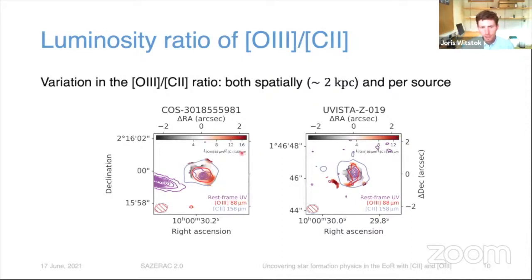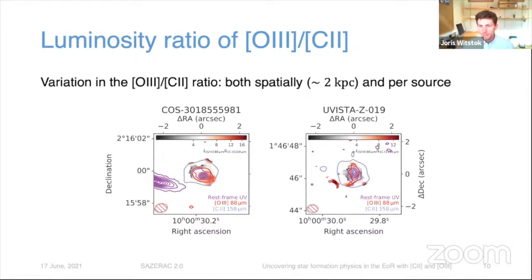Oxygen 3 over C2, I'm showing you here in 2 of the sources. In this source, we can already see across the source the ratio changes from this gray region where we see ratios of about unity, all the way up to ratios of about 10 and even higher. And we can resolve this to the beam size, which corresponds to roughly 2 kiloparsecs at this redshift.